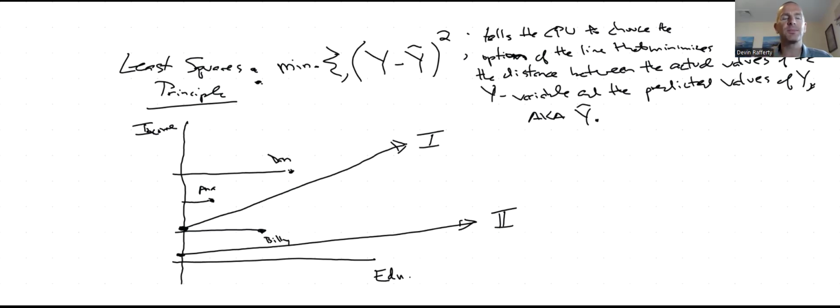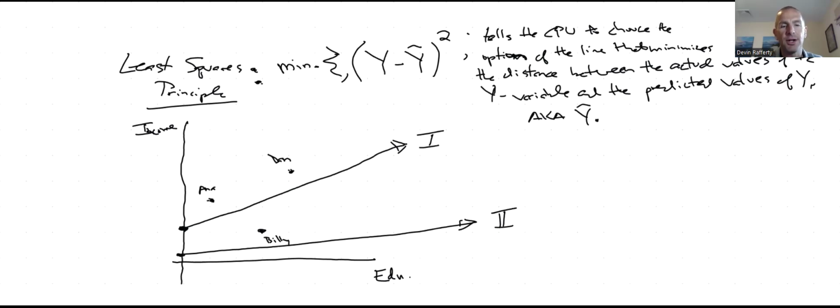But the whole concept of the least squares principle is telling the computer that, hey, I want you to give me information about the line that best fits through all of our data points. Okay? What's the line that fits through our data points the best? The one that fits best is line 1, right?